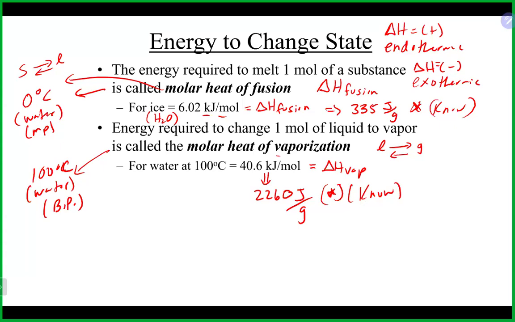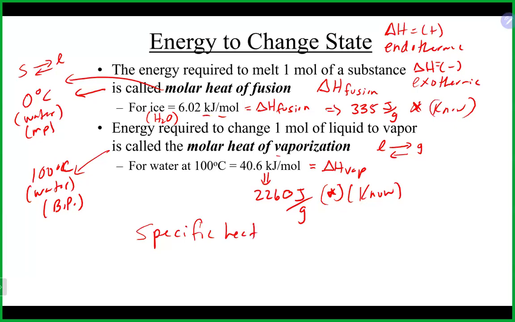So how does this work in relationship? This energy change that occurs at the different phases also ties into something we saw in chapter 10, the energy chapter, which is our friend specific heat.